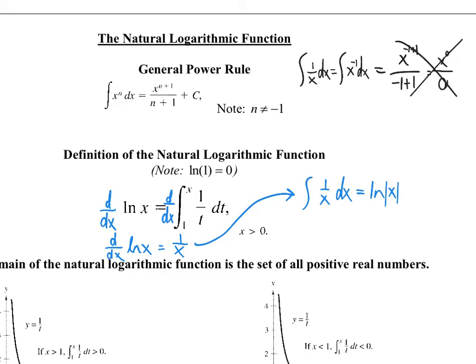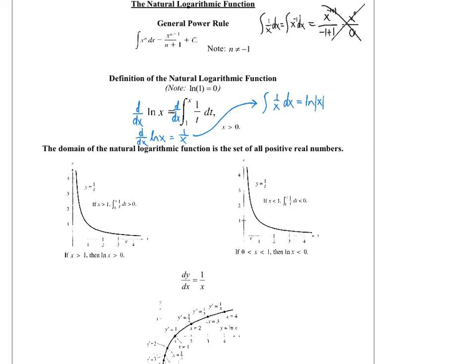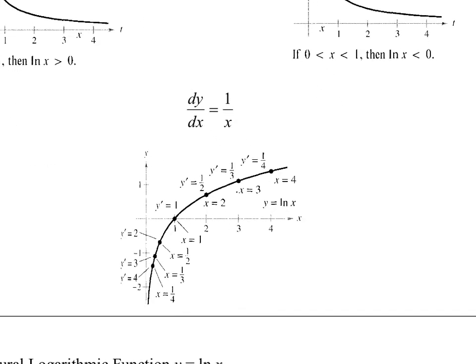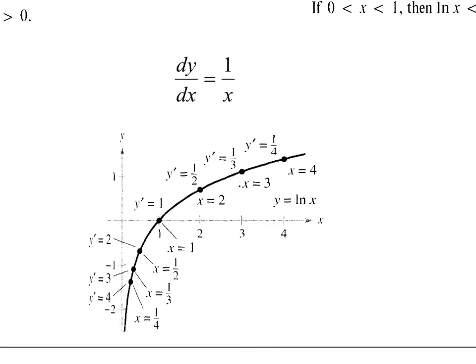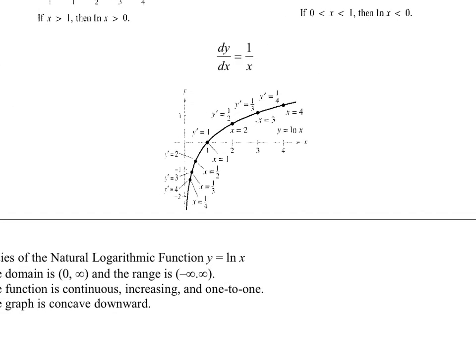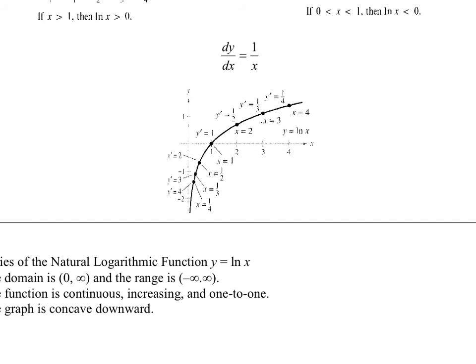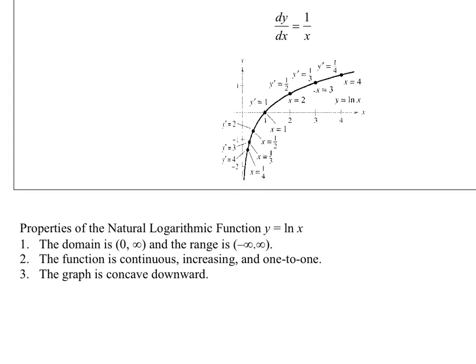But what I want to look at today, and this just reiterates this, is dy dx is 1 over x. You can see the points, and that is the graph of the natural log of x. But what we're going to focus on here is reminding ourselves of a few things about the natural log function, y equals ln of x.